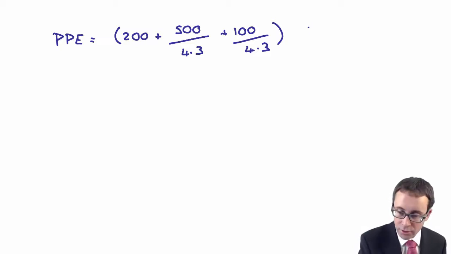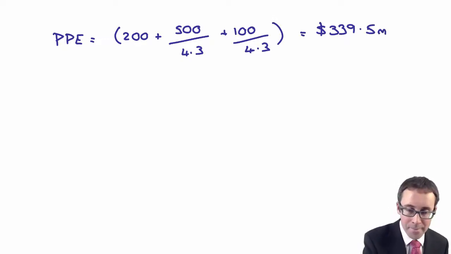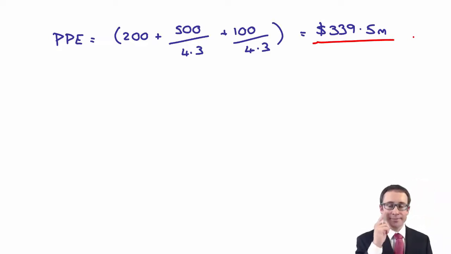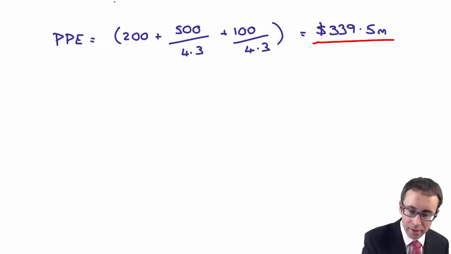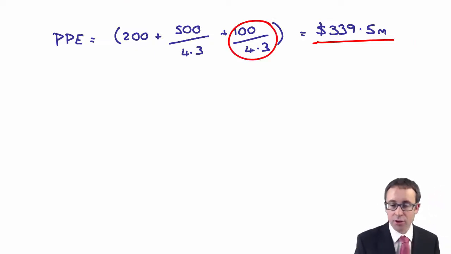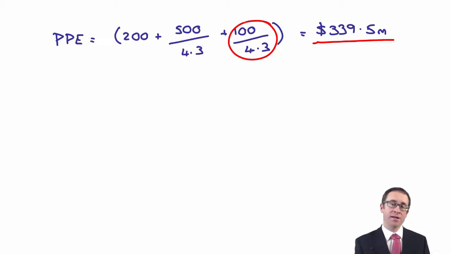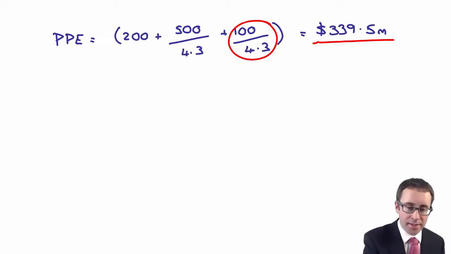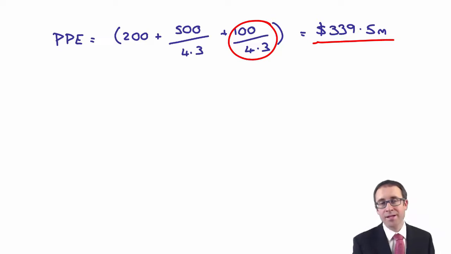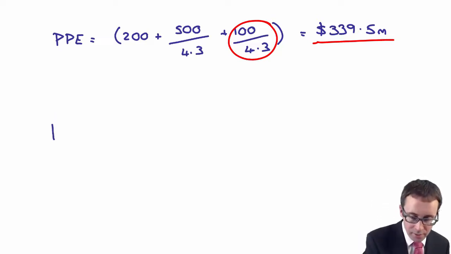Add on the 200, I think that gives me 339.5 million dollars. Okay, there we go. Excellent. Not too bad. The key bit is, remember, not to forget the fair value adjustment, and when you put these values in of the sub, yep, it's in there, isn't it, based on the closing rate.